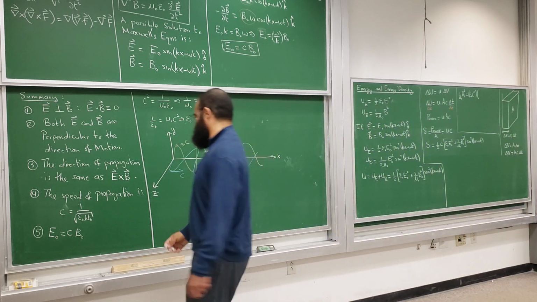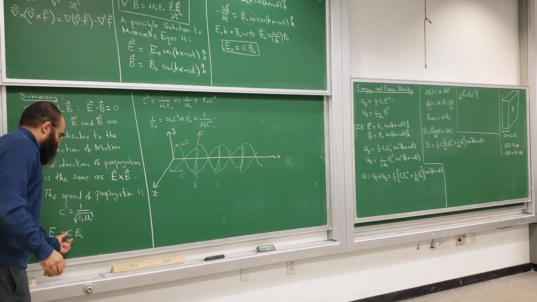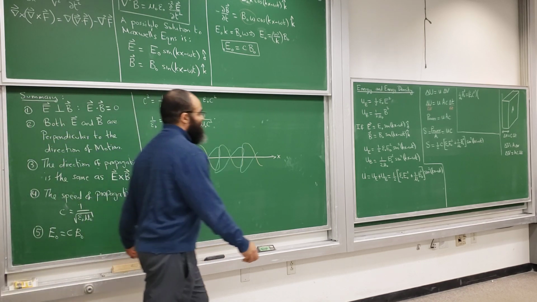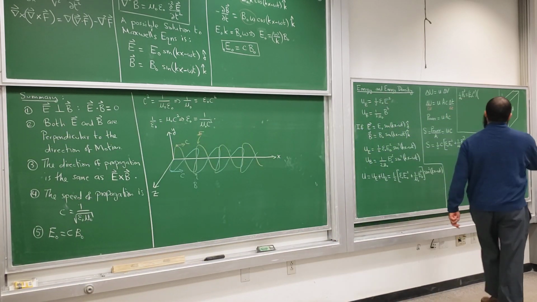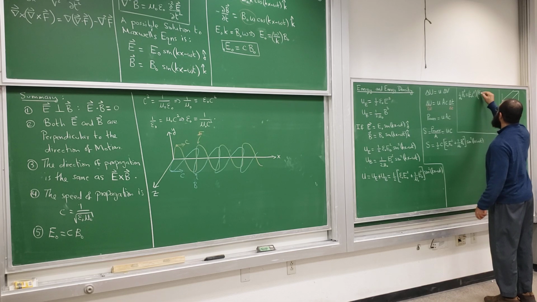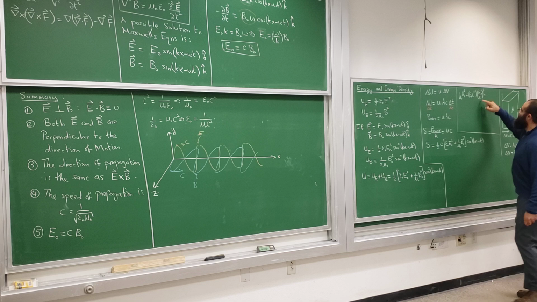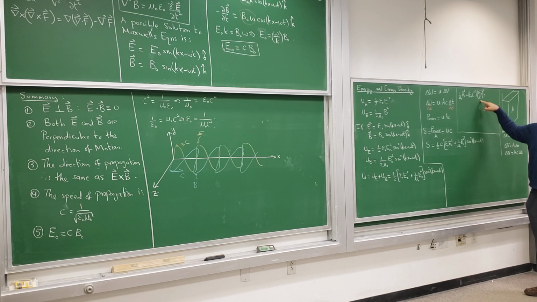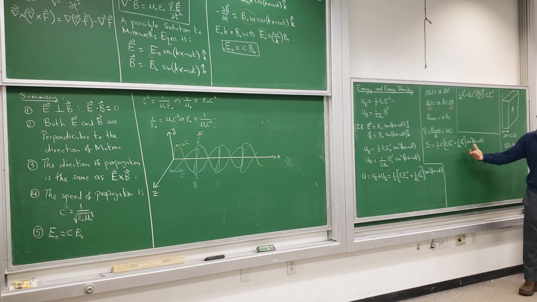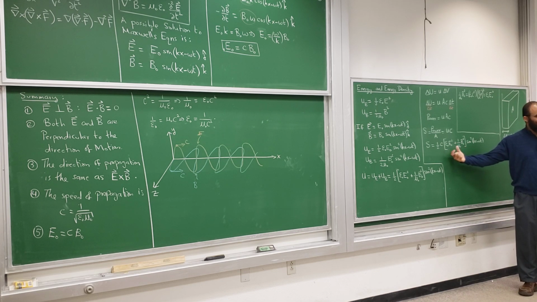B naught is E naught over C. So it is E naught over C squared. And when you square this, you get 1 over C squared on the bottom, and then there is C squared on top, so that cancels. And so you just end up with epsilon naught E naught squared. Yes? So you see this and this are equal to each other.